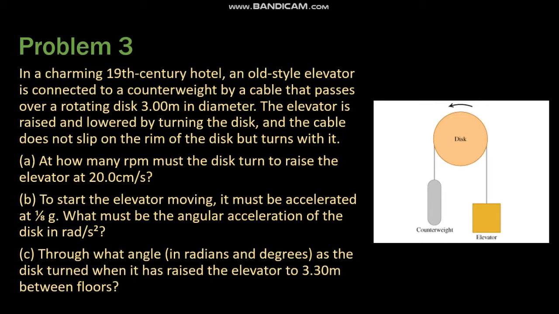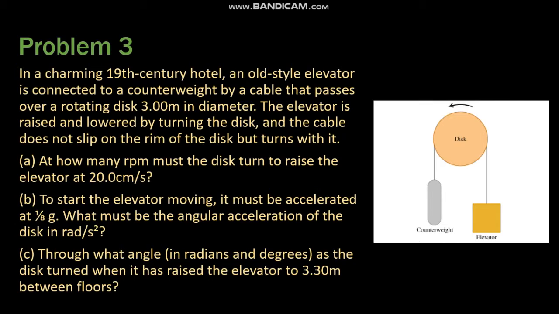So the cable that goes through this disc does not slip. So we know that this arc length is equal to the length of the cable that goes through this disc. This is the counterweight and the elevator.